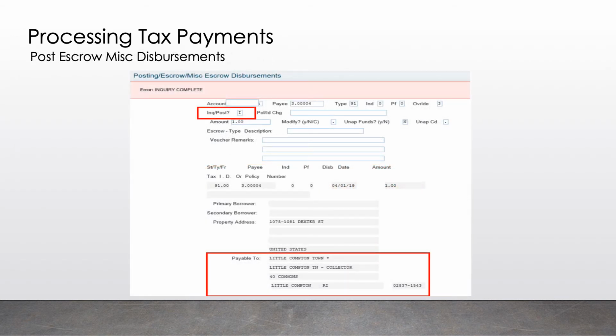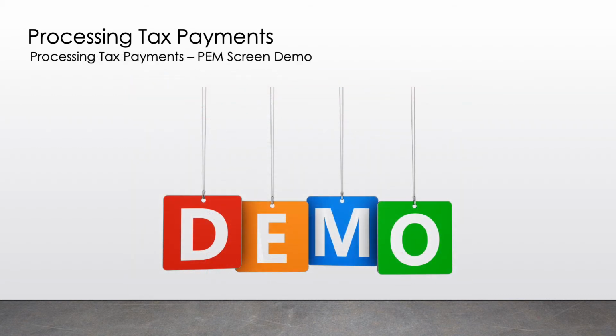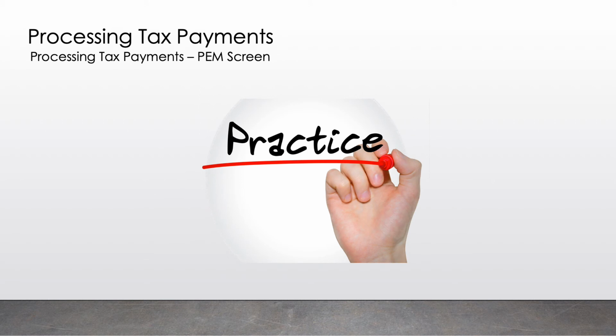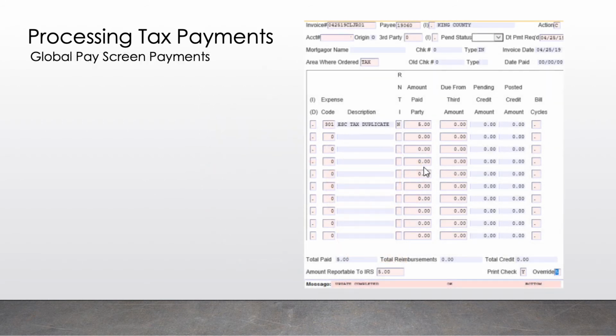A second option for disbursing a tax payment was presented to the class participants, followed by a demonstration from the facilitator and practice sessions for the participants. The final option for disbursing funds on behalf of a homeowner was presented to the participants.